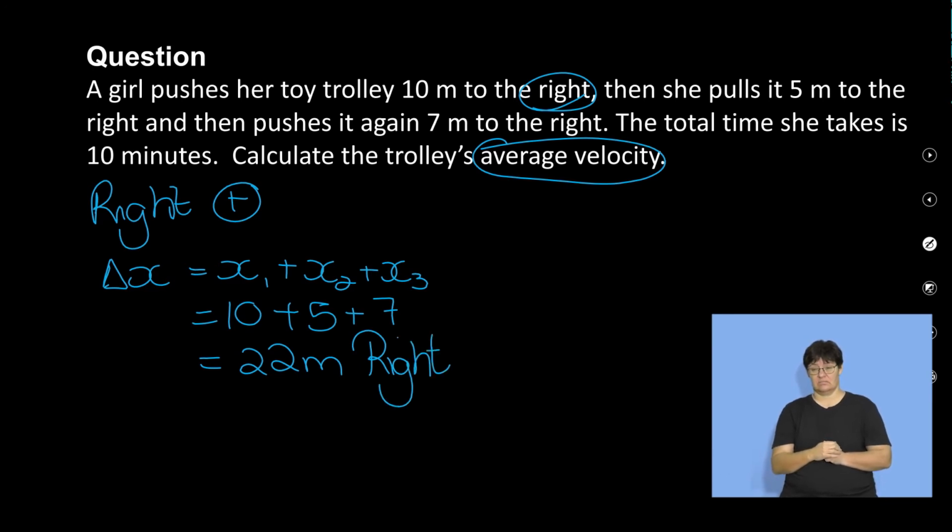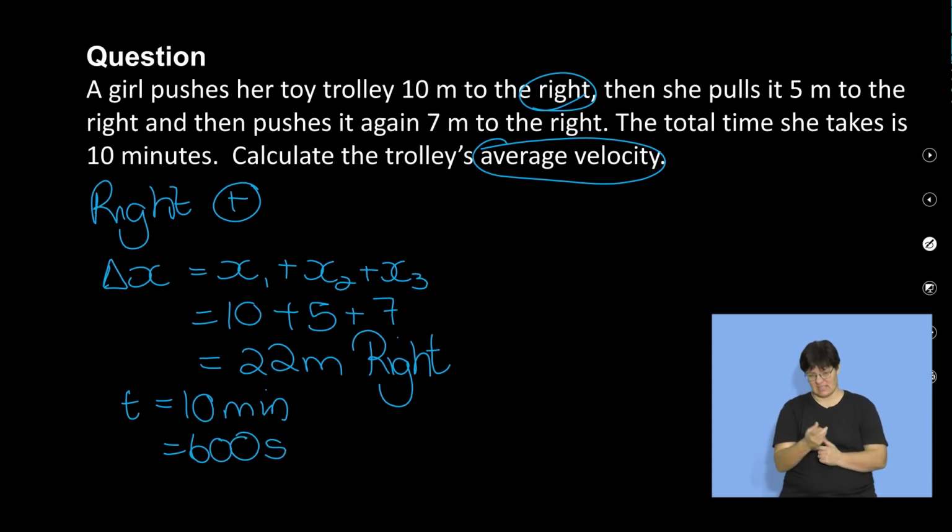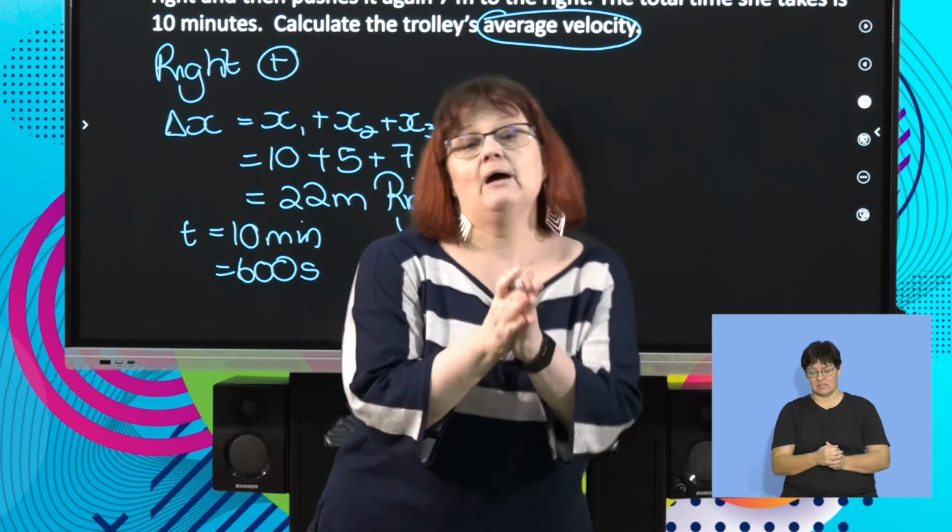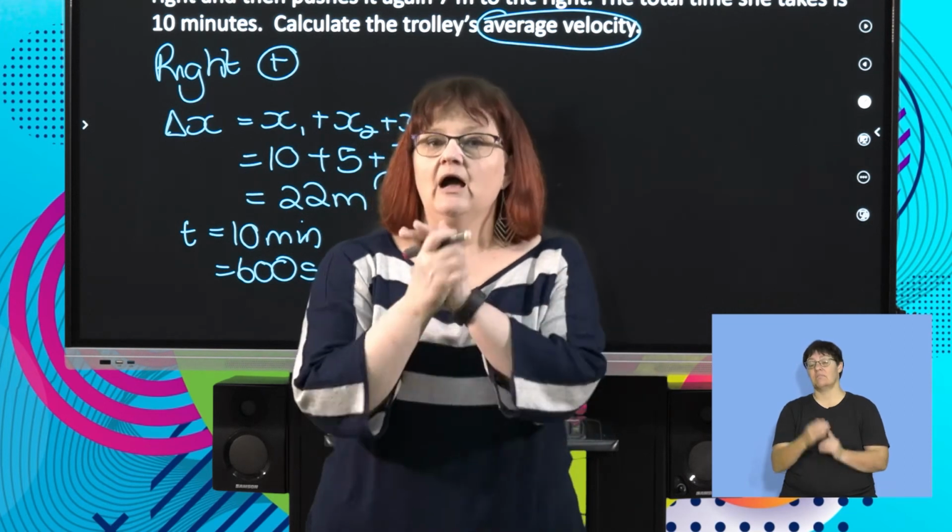Okay? This is the difference, is now I have to have a direction, okay? Her time is still 10 minutes. So that means it's still 600 seconds, right? Now I need you to pay attention. How do we write this equation?